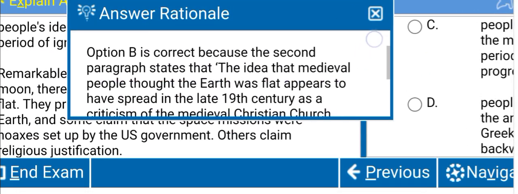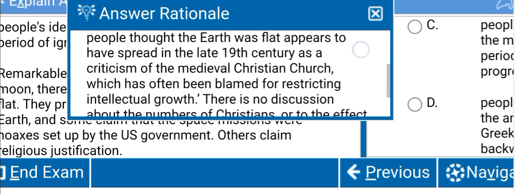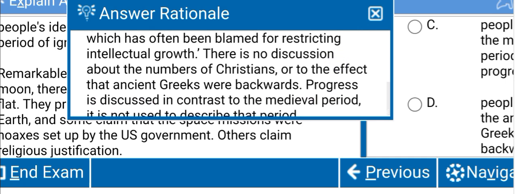It is correct because the second paragraph states that the idea that medieval people thought the earth was flat appears to have spread in the late 19th century as a criticism of the medieval Christian church, which has often been blamed for restricting intellectual growth. There is no discussion about the numbers of Christians or to the effect that ancient Greeks were backwards.